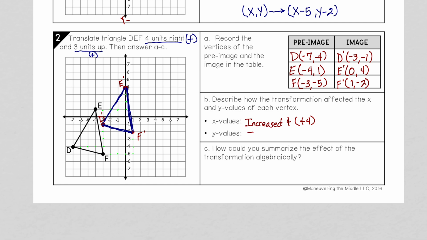Our Y was increased 3, so plus 3. How could you summarize the effect of the transformation algebraically? So remember our x and y coordinates transform to x plus 4, y plus 3.